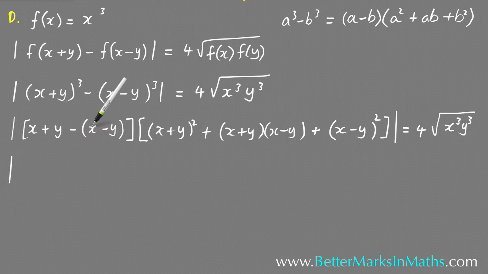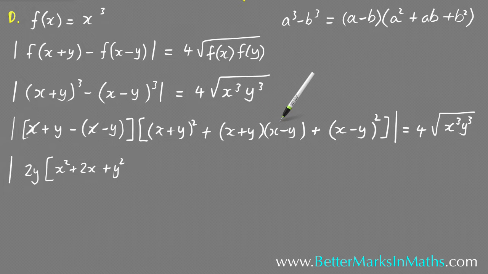So x minus x, they cancel out, and then y minus minus y is 2y. Then the big bracket, expanding this: x squared plus 2xy plus y squared, and then this is the factorization of the difference of perfect squares.